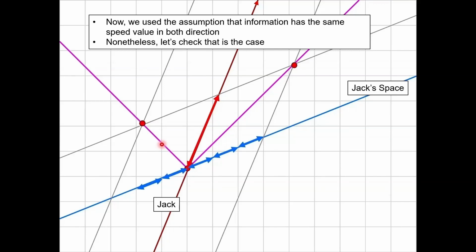Again, we can see that its distance is 3 units of distance from Jack after 1 unit of time. So again, according to Jack, the speed of this information track is 3. And we get what we expect, that the speed of information is the same in both directions.